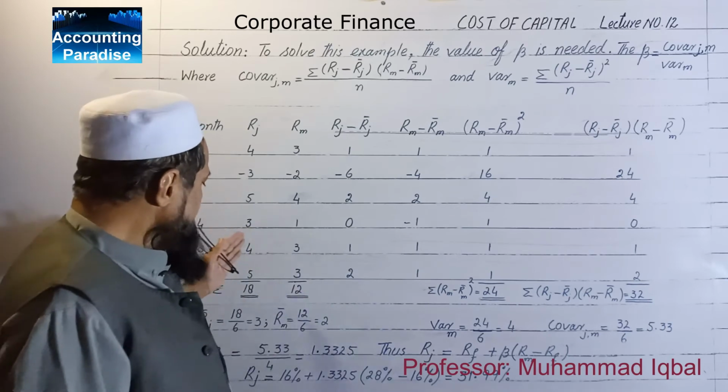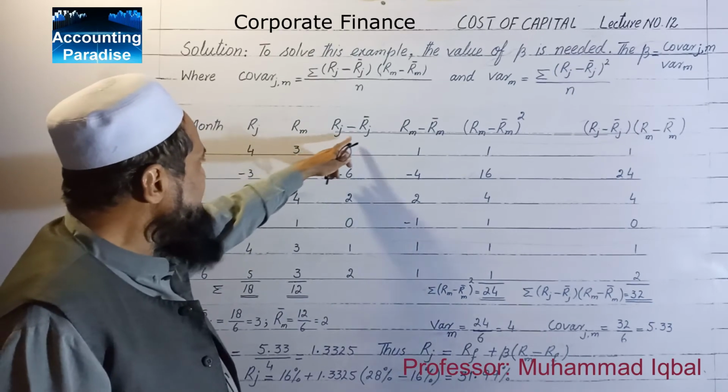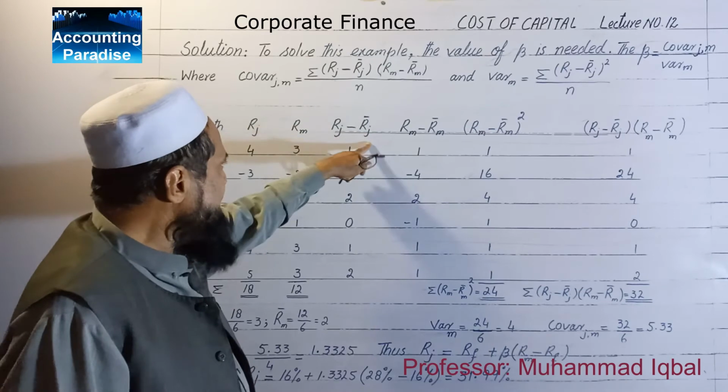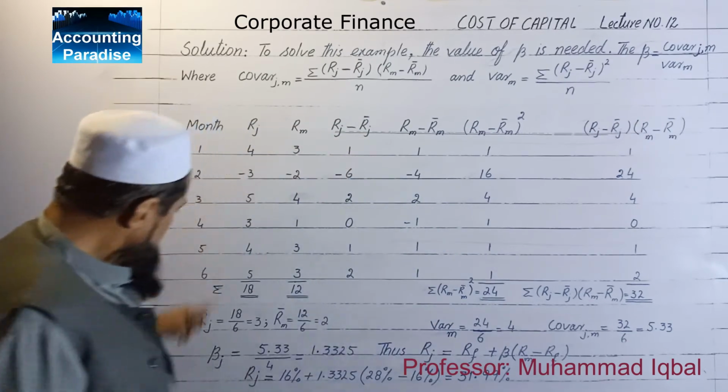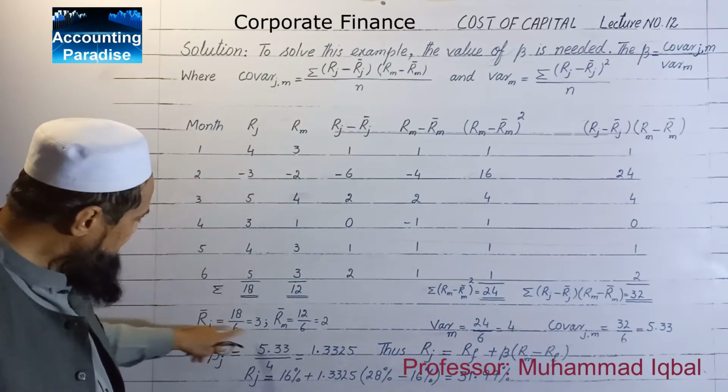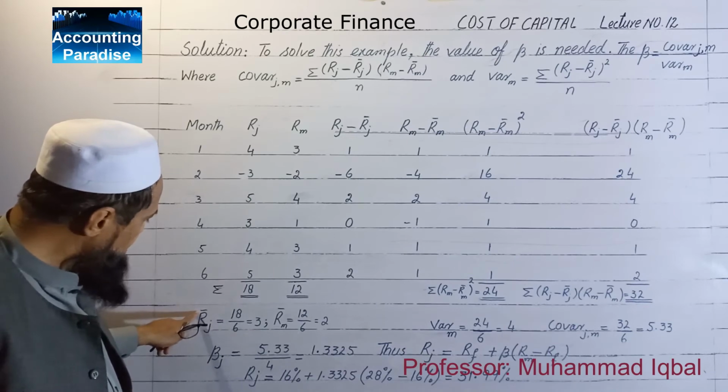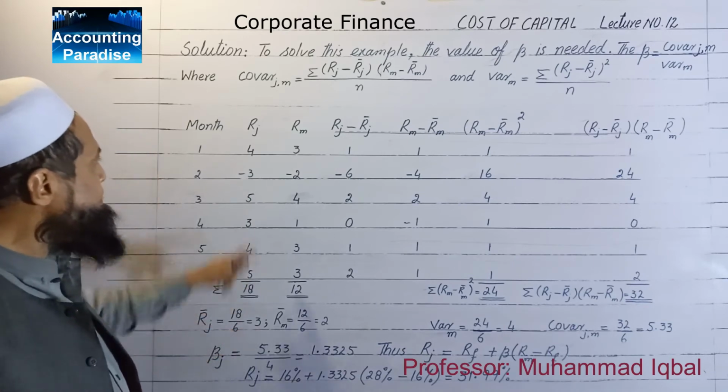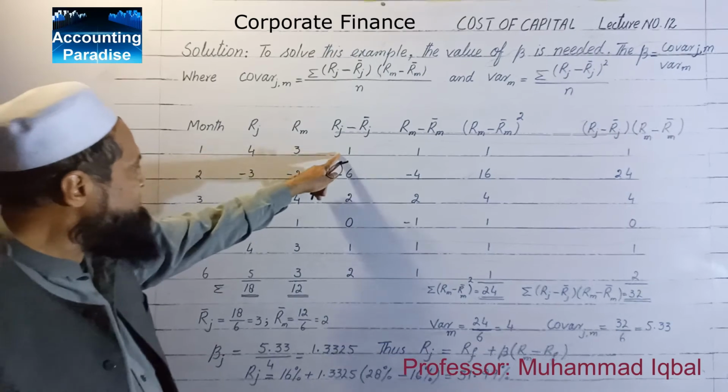Now we calculate Rj minus R bar j. The value of R bar is equal to 3. 4 minus 3, 1.